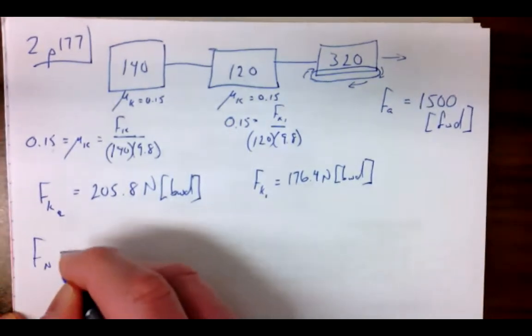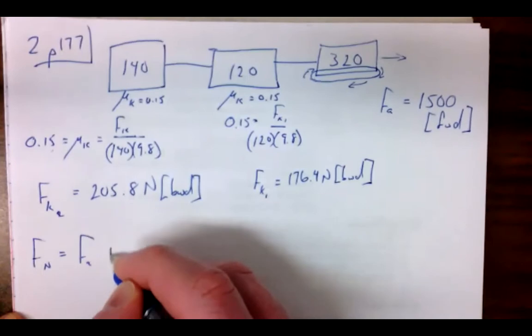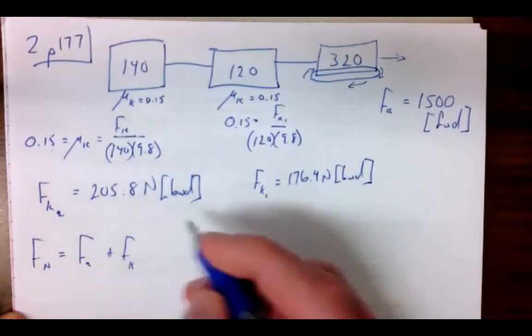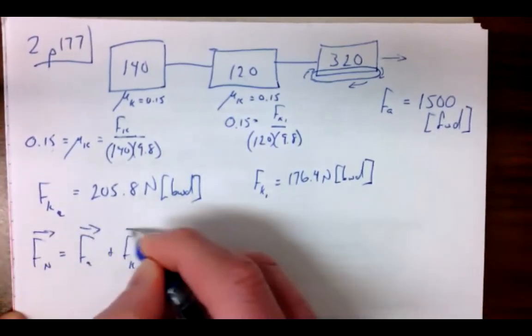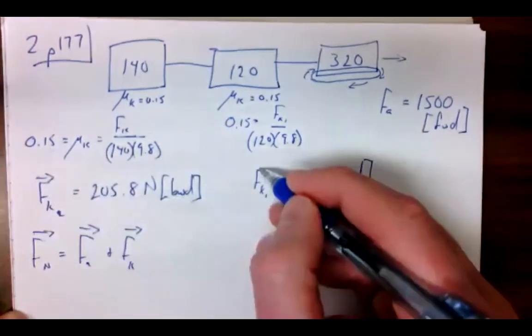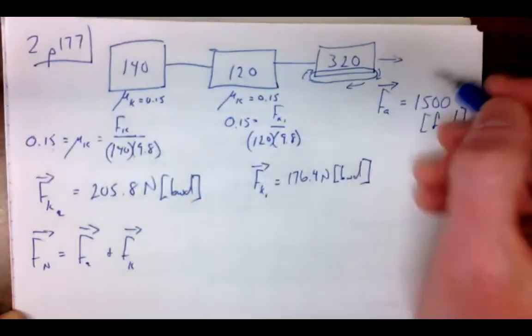So F net equals F applied plus F kinetic. Vector, vector. I usually write the arrows right at the end because it's just extra.